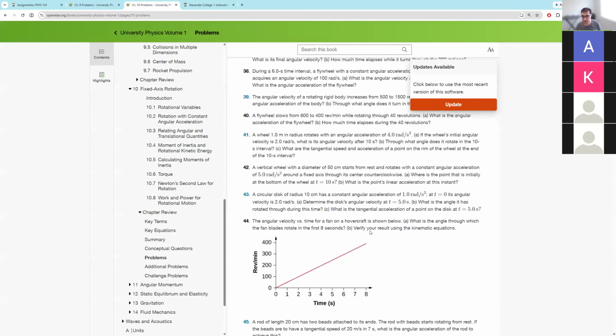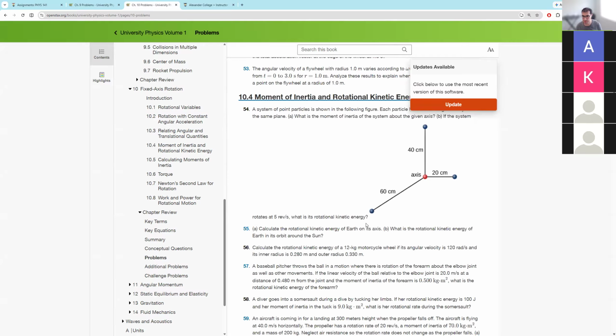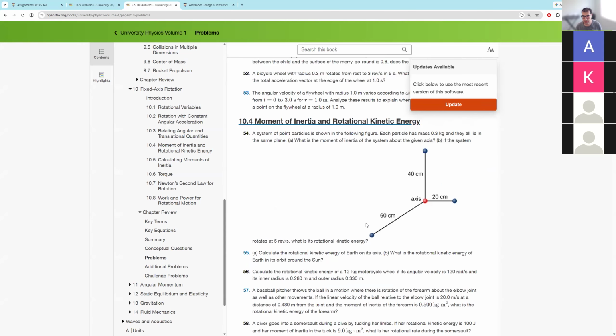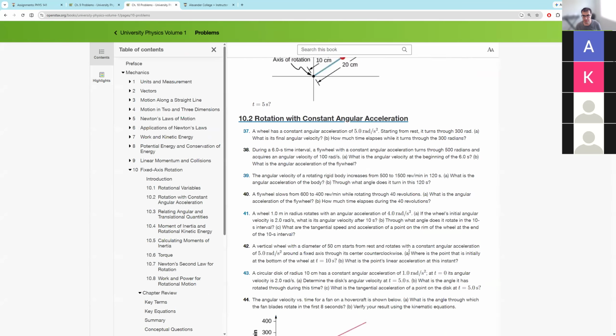Okay. Next question, guys. Which one do you want to solve? 54 or too easy?